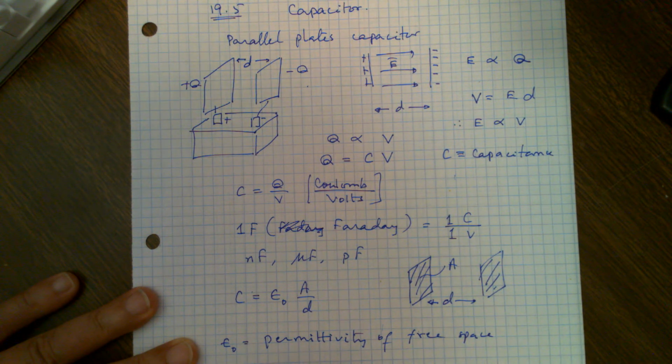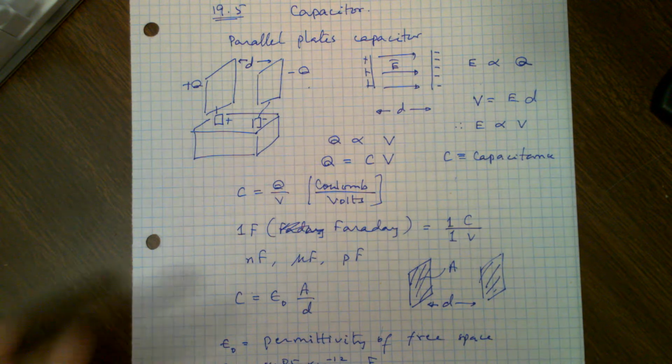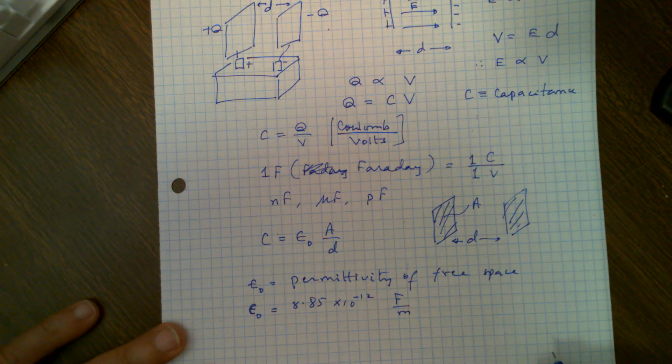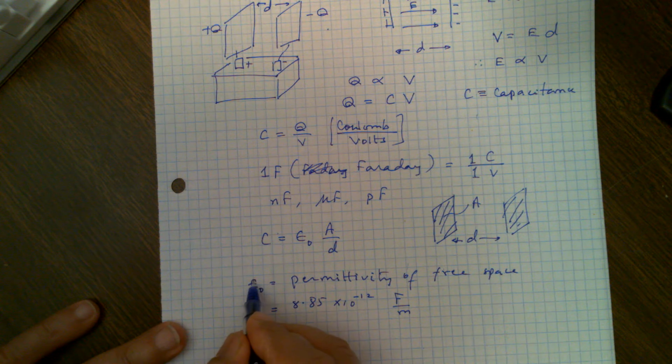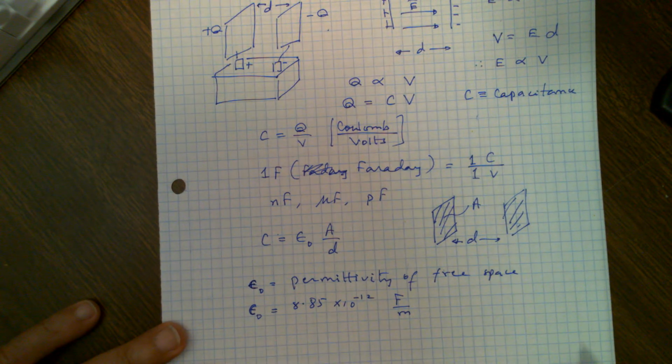It's numerically equal to 8.85 times 10 to the power minus 12 farad per meter. Okay, that's epsilon naught. Later you will see that there's another constant called mu naught. Mu naught and epsilon naught are very interesting constants because by knowing them you can find the velocity of light. But we're still ahead of ourselves. So this is the permittivity of free space.